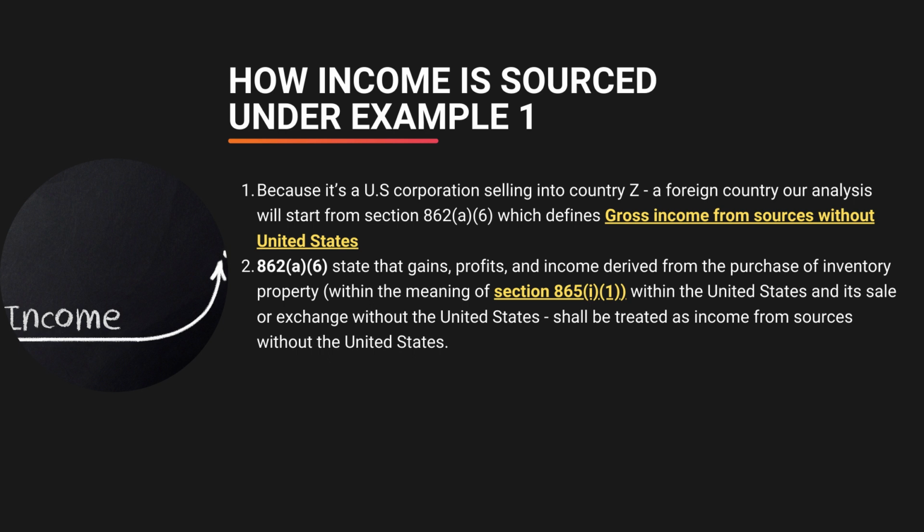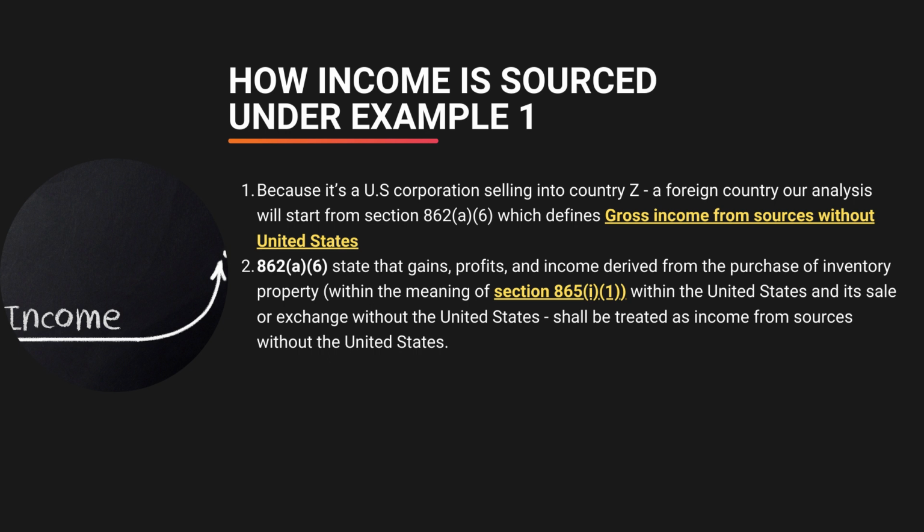If you turn this example around and let's say Corporation A was an Indian company, produces this disk and sells it into the US and the US customer purchases it, then it will be a US source income because the product was produced outside of the US and then sold within the US. So it becomes a US source income.